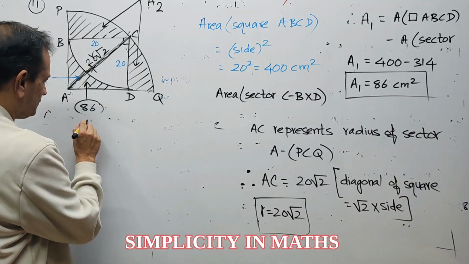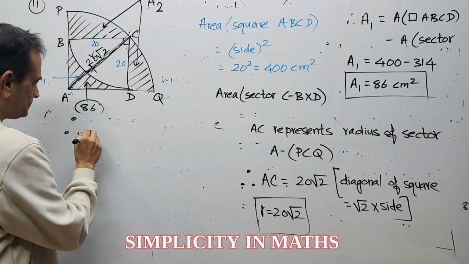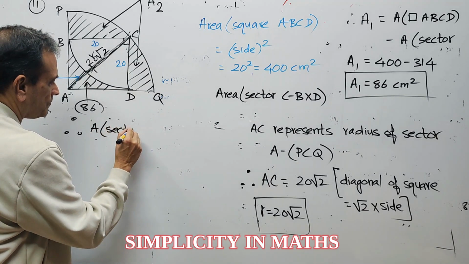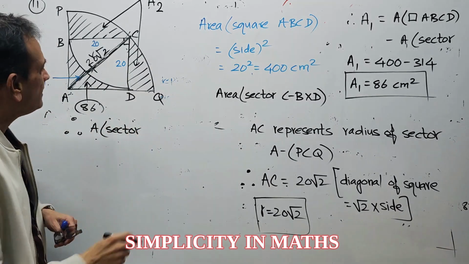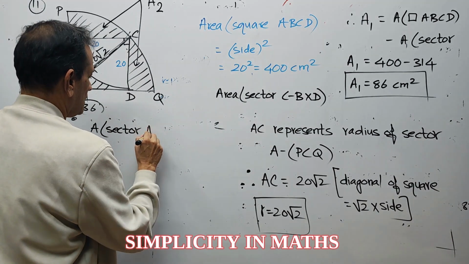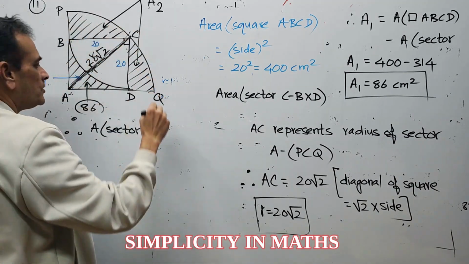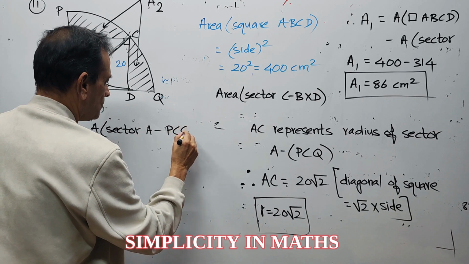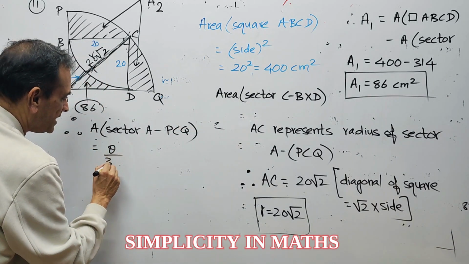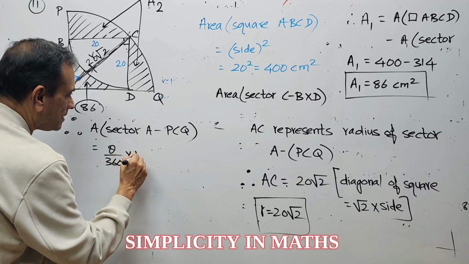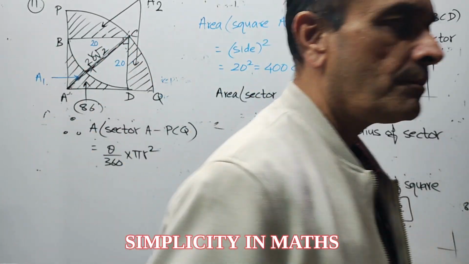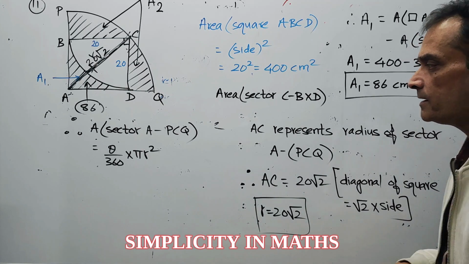Therefore, area of sector A dash PCQ, theta upon 360 into pi r squared.